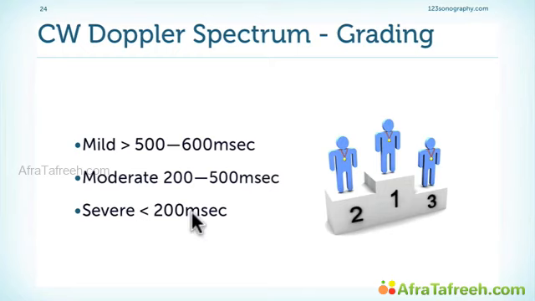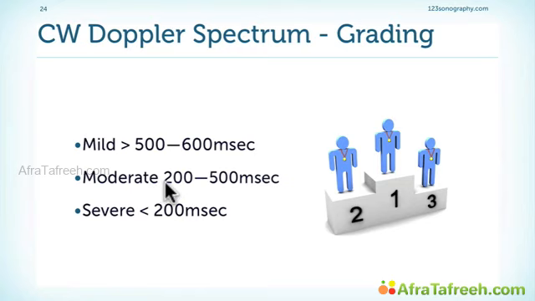So how can we grade the severity of aortic regurgitation based on the continuous wave Doppler spectrum? Well, first we have to perform a pressure half-time measurement, similar to what you would do with mitral stenosis patients. Then we would calculate the pressure half-time, and if it's above 600, then regurgitation is definitely only mild.